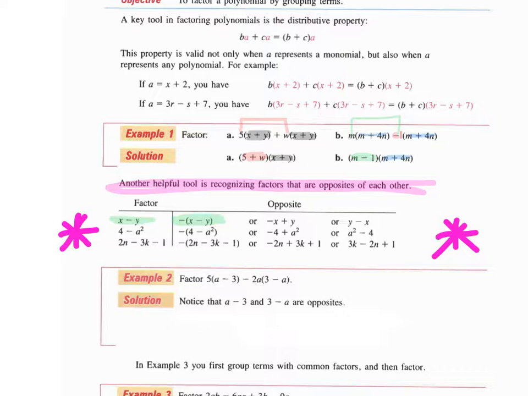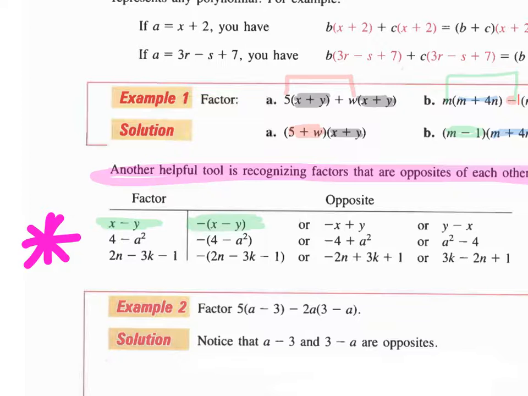So basically what you're saying is the opposite of x minus y. A lot of kids also think of this as -1 out front, and then they distribute it. -1 times x, -1 times -y, and then it turns into this.